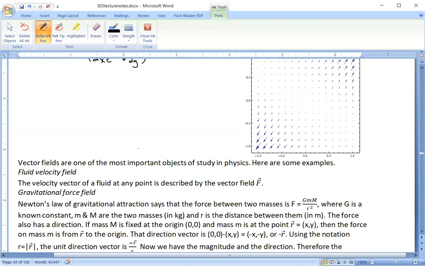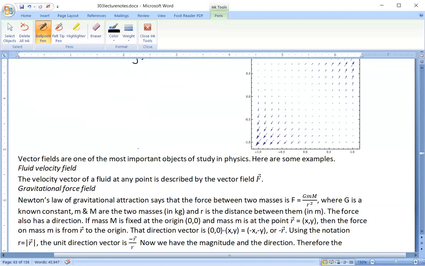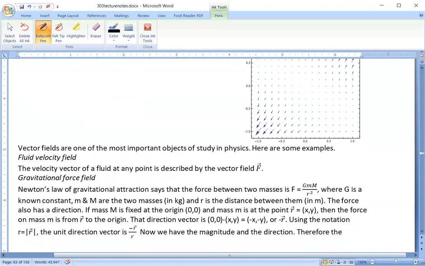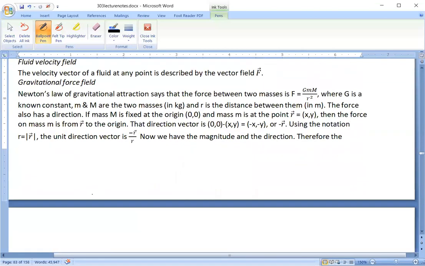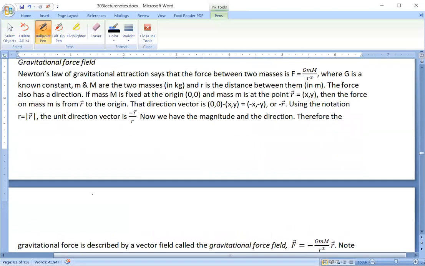But we just want to describe the direction, so we need to divide by its magnitude in order to make a unit vector. So the unit direction vector is negative r vector over the magnitude of r. Remember, it's common notation to write r not bold, no arrow, to represent just the magnitude. So we now have the magnitude and the direction, and therefore the gravitational force is this vector described by the gravitational force field.